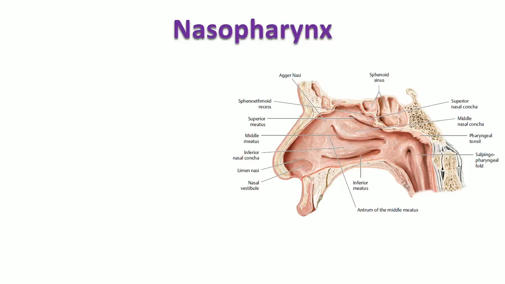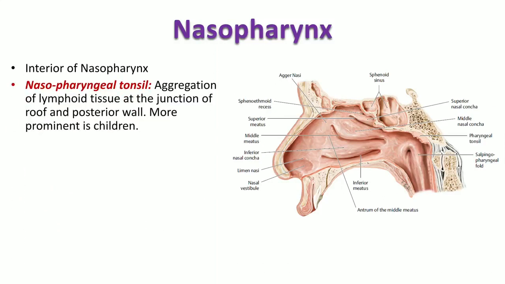In this nasopharynx, mainly on the roof, you will come across a collection of lymphoid tissue, which is called the nasopharyngeal tonsil. This aggregation of lymphoid tissue is seen on the roof of the nasopharynx, deep to the mucous membrane, at the submucous level.